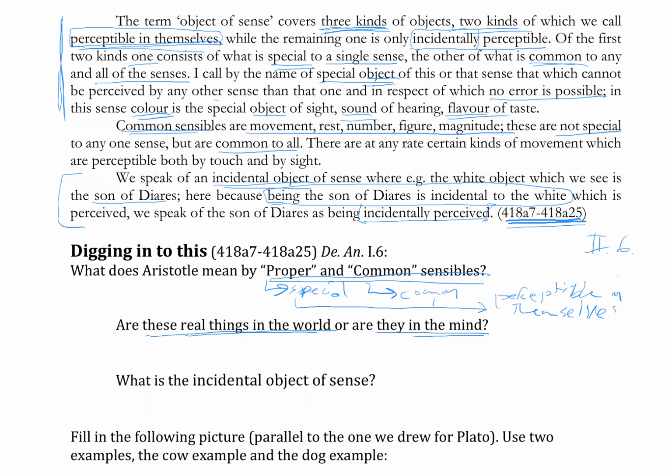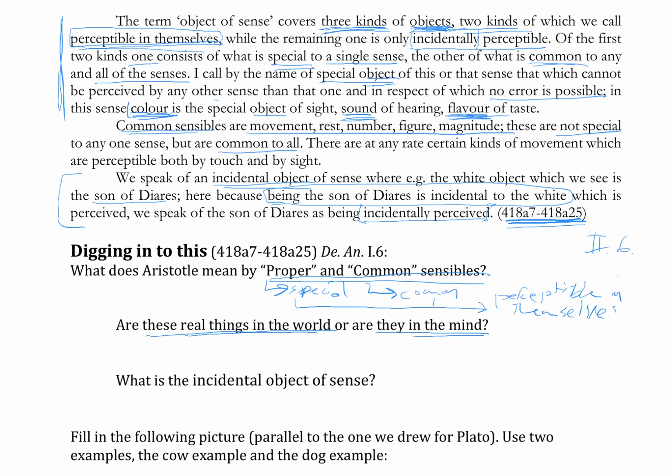Well, they're objects. And that suggests, especially when he goes on to give examples of color, of sound, of flavor, right? Those seem to be out in the world.